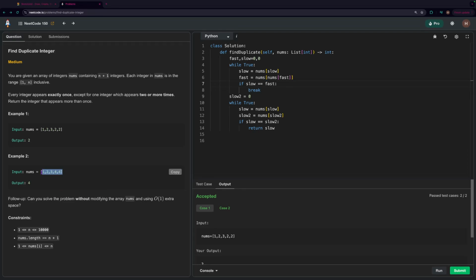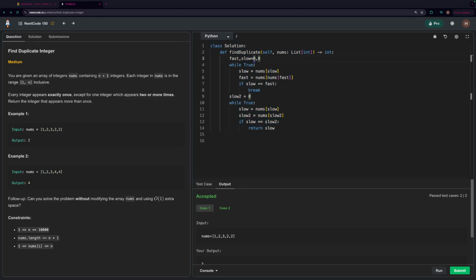Let me think about that for a second. Yeah, it should be n log n. The hash set solution should be linear, but you're using O of n extra space. So it wouldn't satisfy this follow-up question, which is a problem I encountered with this specific problem.